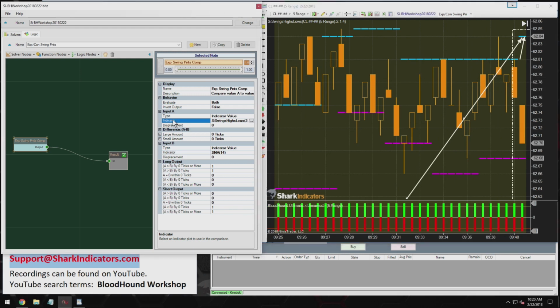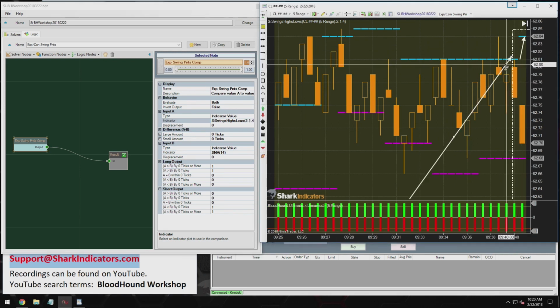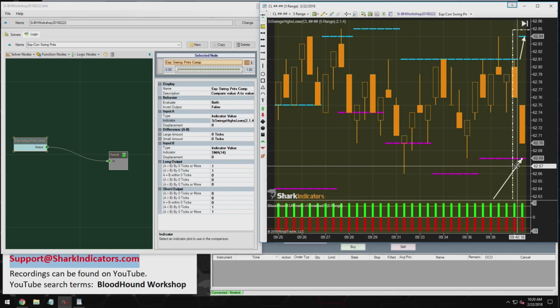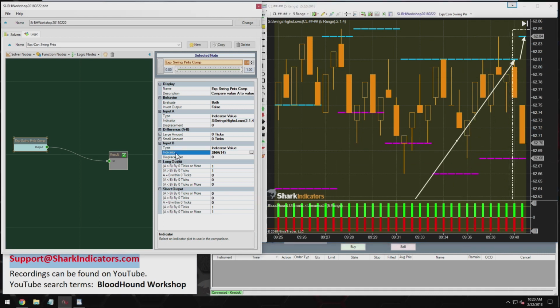Now input B is going to be looking at one bar back. So we're going to be looking at the swing high plot of one bar back, and the swing low plot of one bar back. So input B is going to be one bar back.